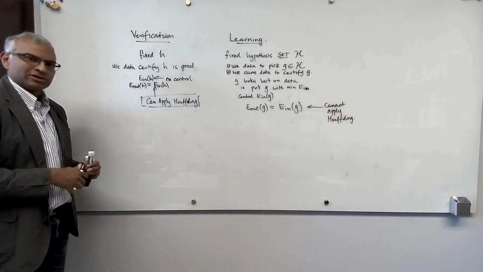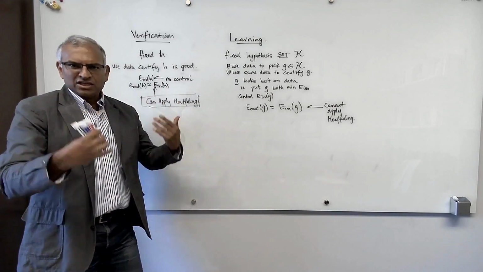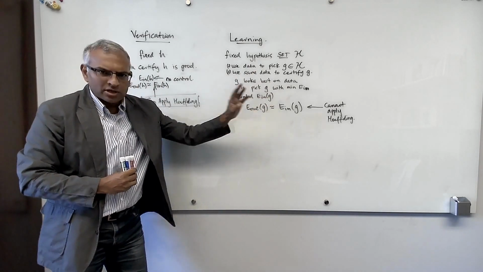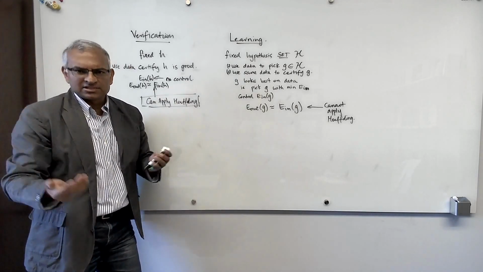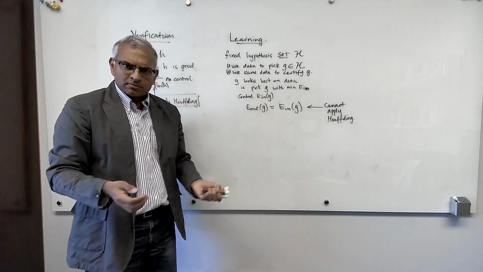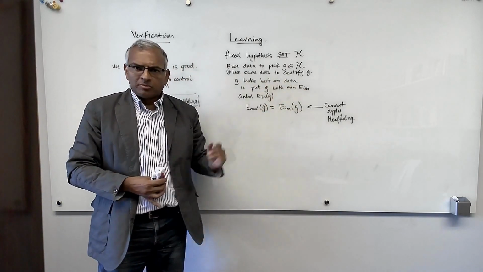Now I'm going to illustrate to you why you cannot apply Hoeffding. At an intuitive level, I'll show you what's going on here, and then I'll show you an example. For example, in medical testing, if you were to apply Hoeffding to the G that pops out of here, it would be a disaster.